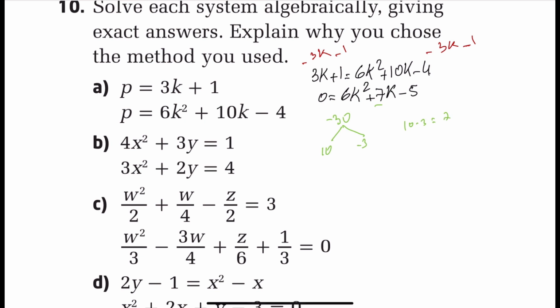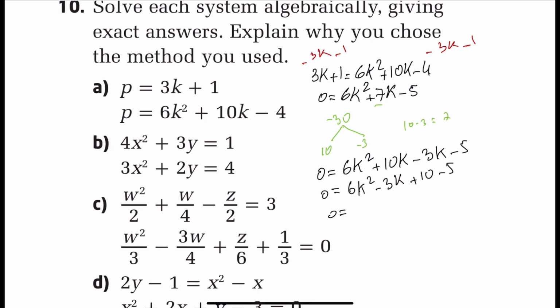So when I find them, I will come back to my equation and write it as 6k squared plus 10k minus 3k minus 5. I will just rearrange it: 6k squared minus 3k plus 10k minus 5, this is equal to 0.